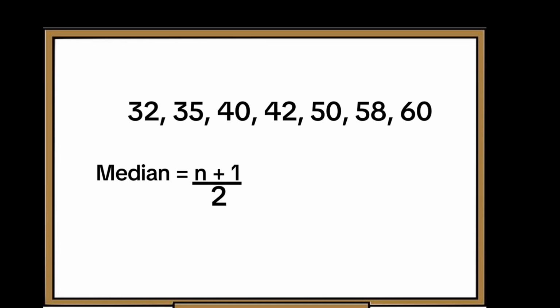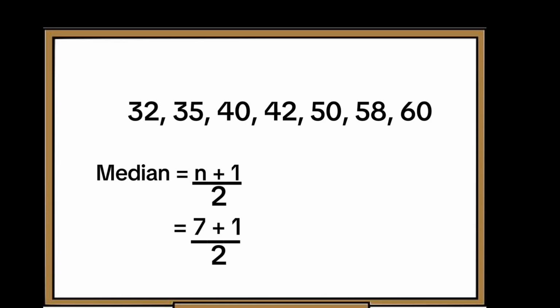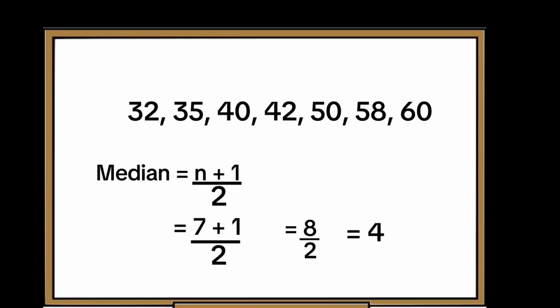Here we have an n of 7. So n plus 1, or 7 plus 1, over 2 is equal to 8 over 2, which is 4, or the fourth term. The fourth term is 42. So in this problem, the median is 42.